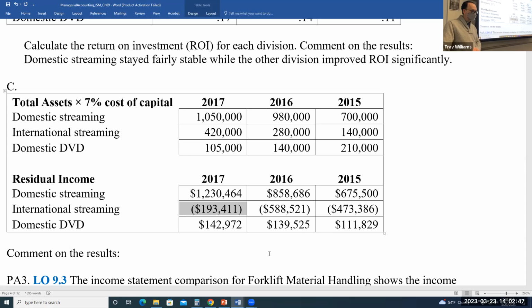Anything else you notice from this analysis here? Do you remember how domestic streaming, when we looked at the ROI, was staying fairly stable? But when we look at residual income, it's growing.